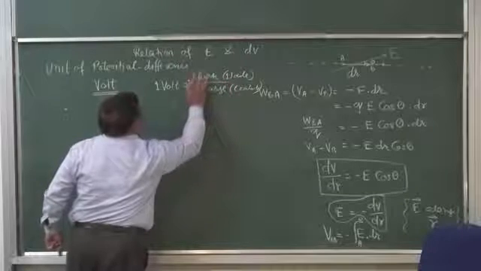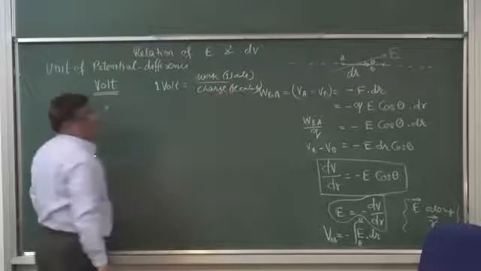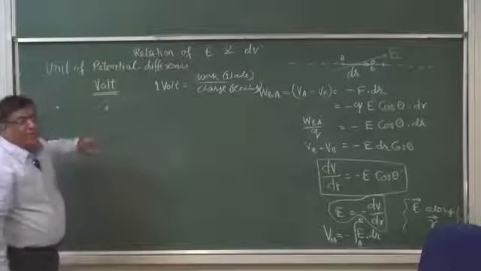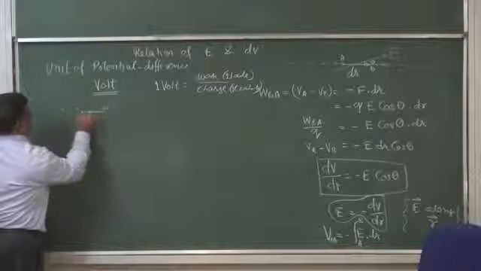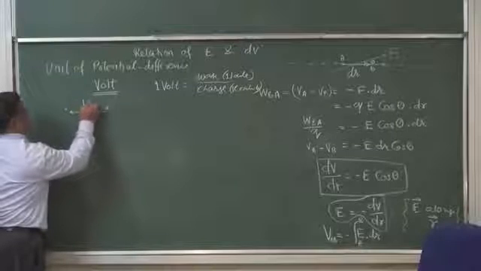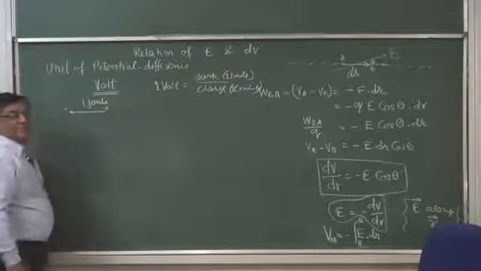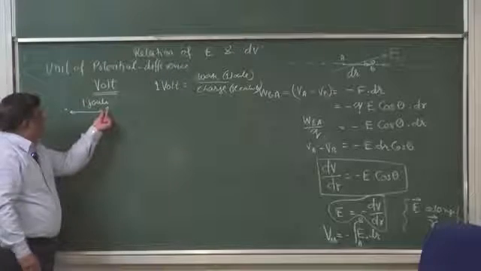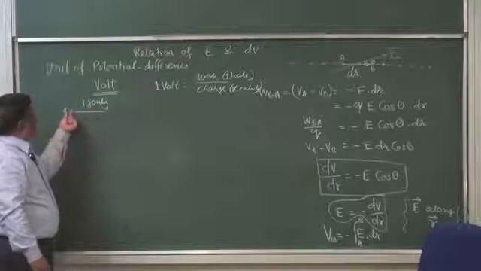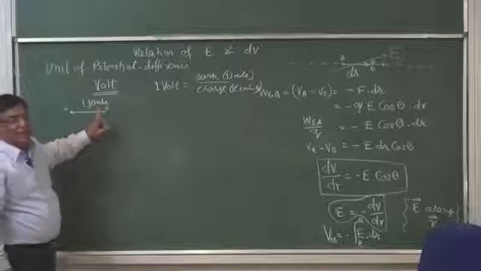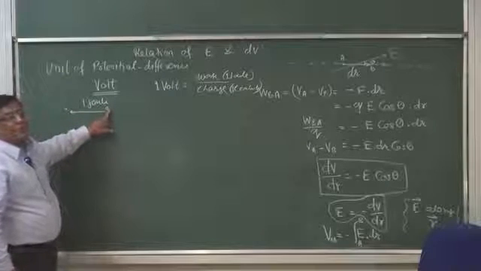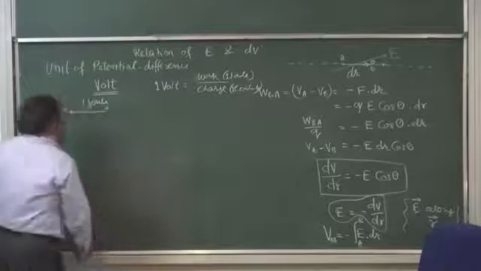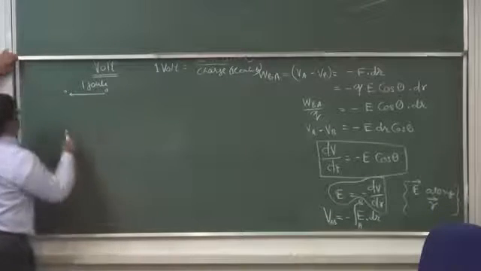Now, what is 1 volt potential difference? 1 joule and 1 coulomb. There are 2 points in an electric field in such a way that when we take 1 coulomb charge from this point to this point, we have to do certain work, and that work is 1 joule. Then the potential difference between these 2 points will be known as 1 volt. Please write it down: 1 volt is the potential difference between 2 points.